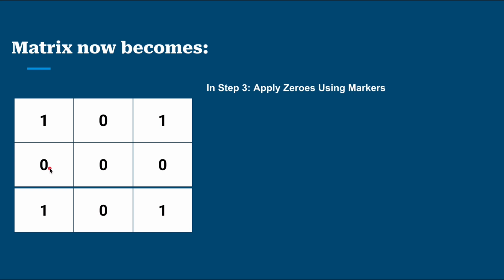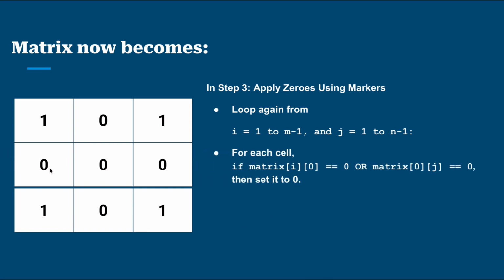In the next step we have to apply 0 using marker, right? So what we have to do, we have to zero out the matrix using those markers. So we have to loop it again, and we have to check for each cell if matrix at this is 0 and matrix at this is 0, then set it to 0, right? If either is 0, just set it at 0.